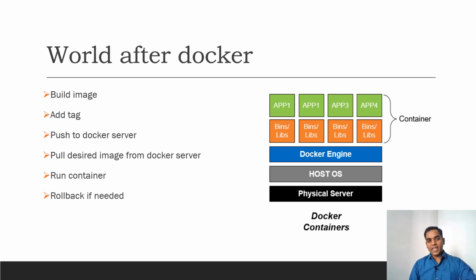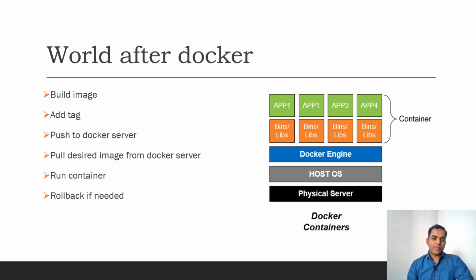If a rollback is needed, you can pull the older version and run that container. So it is fully automated. You are just running a few commands and it is great. The image has all its dependencies.